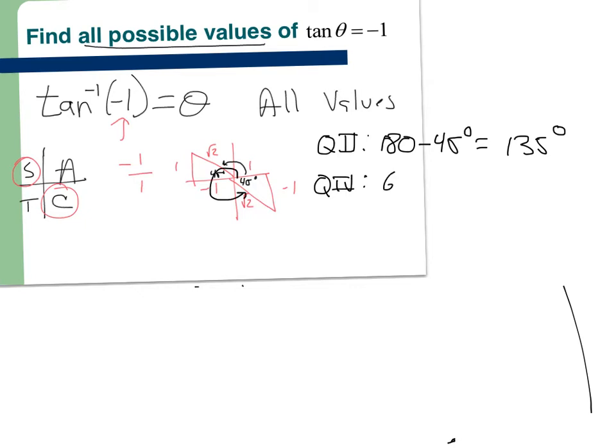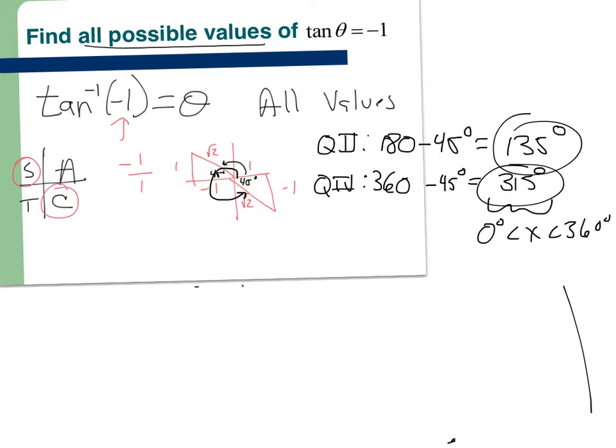I got 360 minus 45 degrees, which gives me the good old 315 degrees. But I'm asking for all values. These are just between 0 and 360, right? Both these guys. So what I have to do is every single rotation is going to have to be stated.